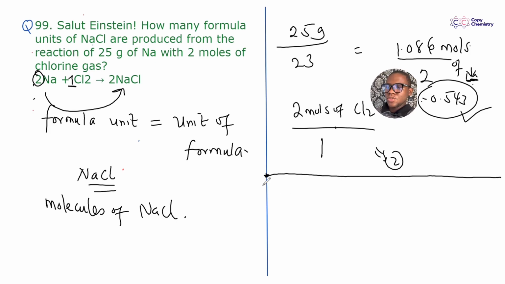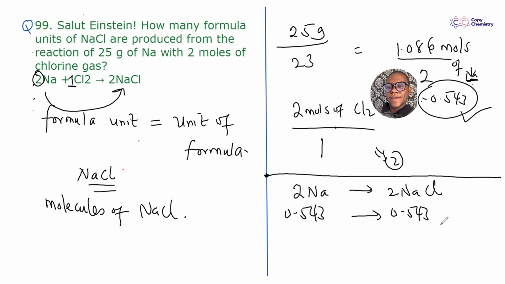So let's use sodium to figure out how much of the sodium chloride will be formed. 2Na gives us 2NaCl, right? And that would mean that 0.543 of Na would also mean that 0.543 of NaCl would be produced. So what do we do next?